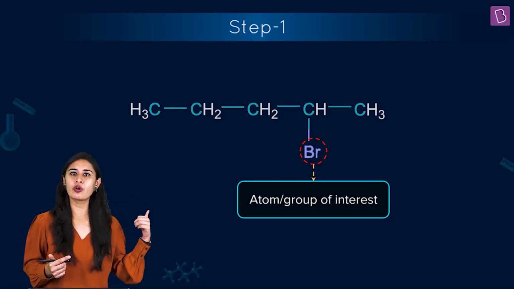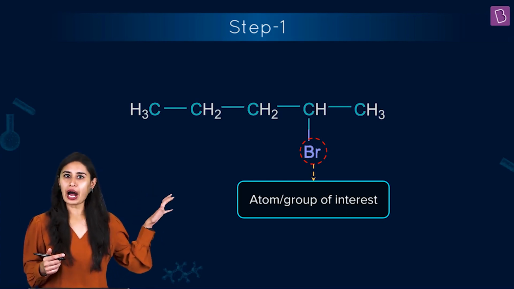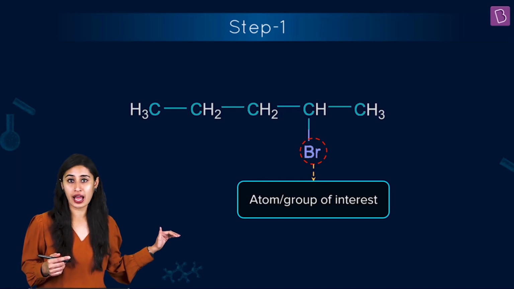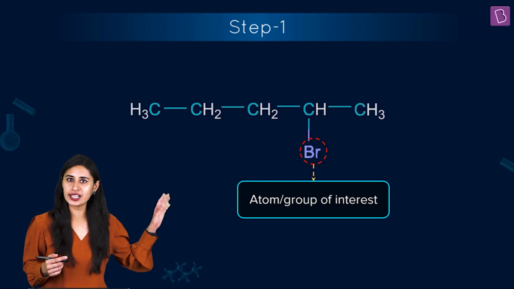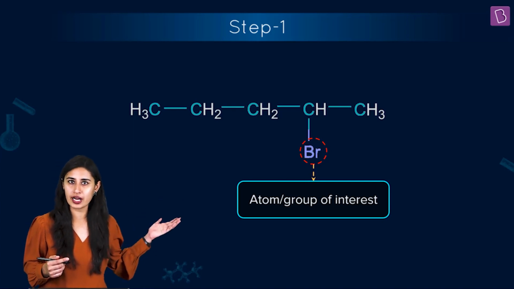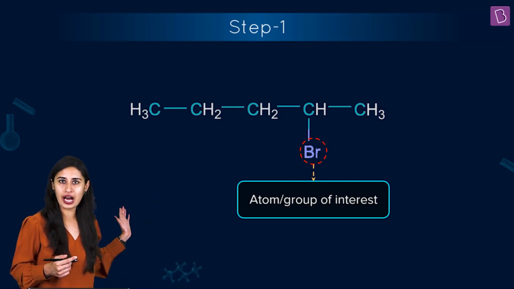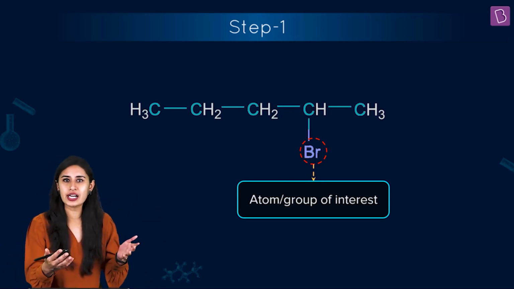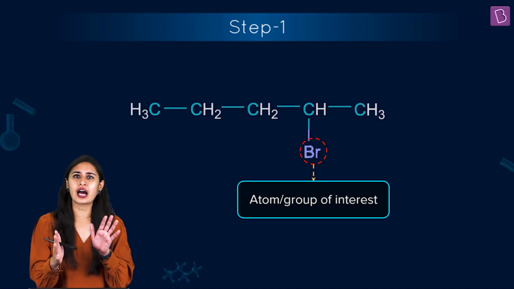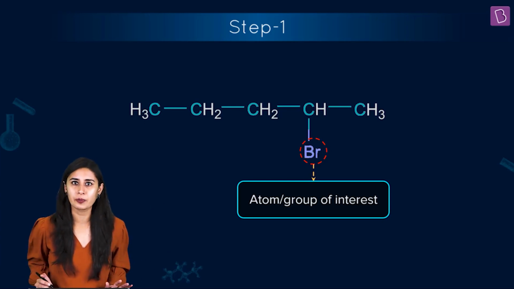The carbon directly attached to this atom of interest is called the alpha carbon, and the carbons directly attached to the alpha carbon are called beta carbons. The next is the gamma carbon, and the next the delta carbon. But let's restrict ourselves to alpha and beta for now.